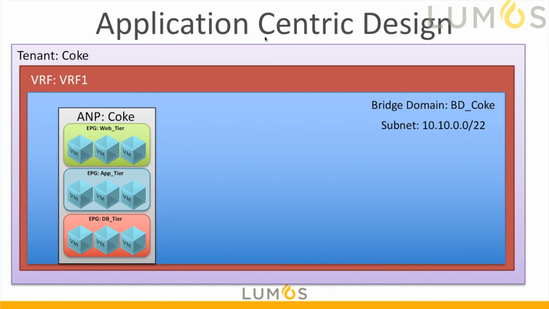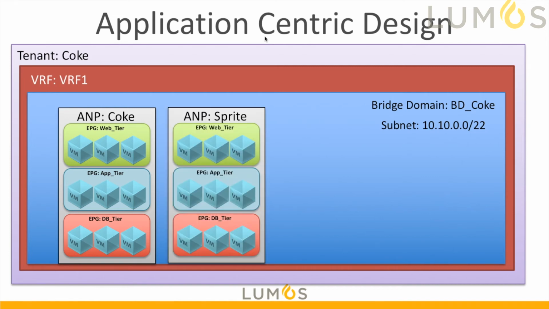So here we've got our application network profile Coke, and we say underneath of that we have an endpoint group called web tier, another one called app tier, another one called DB tier. They will all use that same IP addressing, but they're going to have different policy applied. The next one is going to be our application network profile Sprite. It's also going to have a web, app and DB.